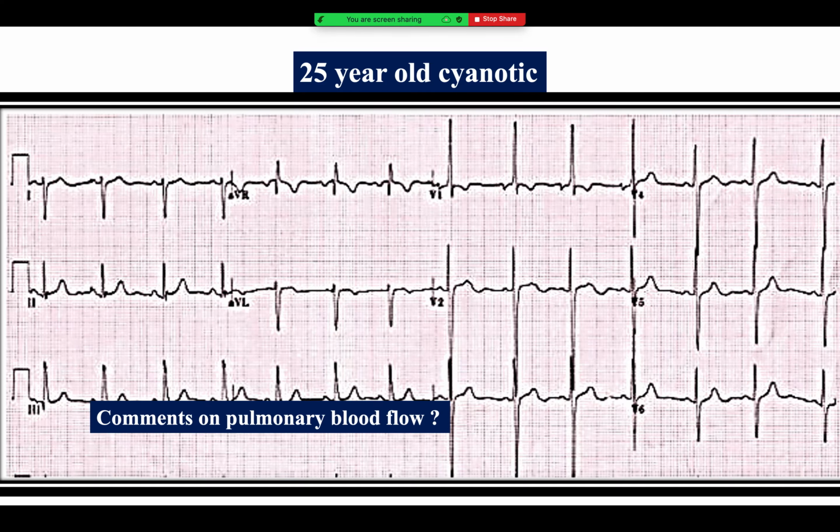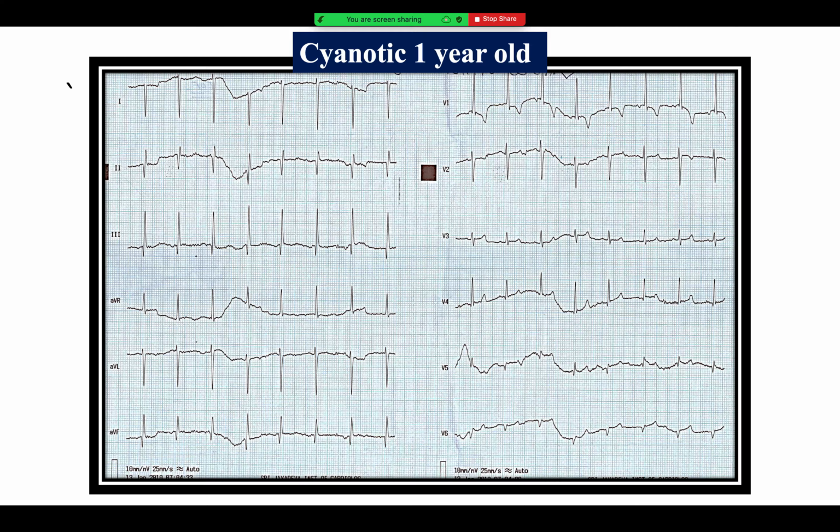So transition tends to happen around V2. Similarly, the adequate amplitude of R and T waves in V5, V6 leads. Yeah, that's what. So what does it mean? There is moderate pulmonary blood flow, which is characteristic of Tetralogy of Fallot.